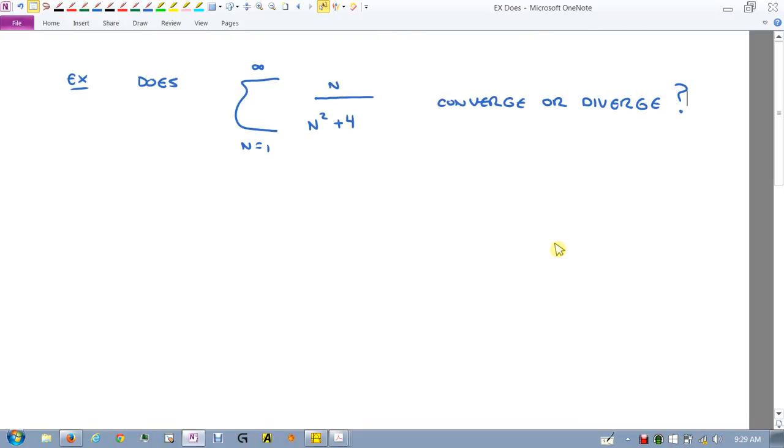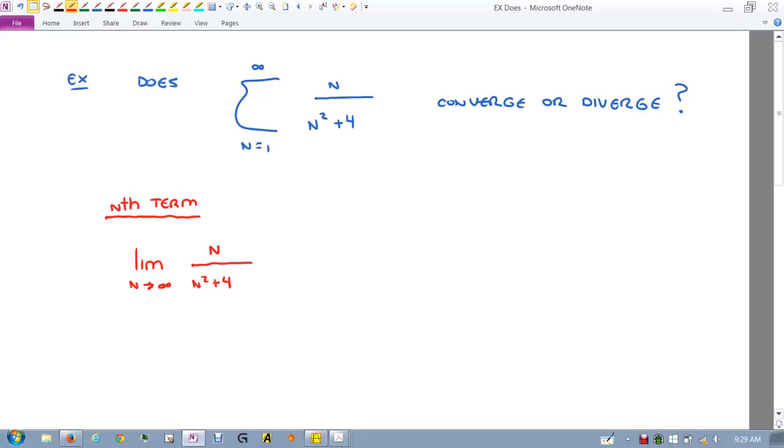All right, so let's start running through all the different things. Nth term test. I'll show a lot of detail on this one. I'm letting the reader of my work understand what I'm about to do. I'm going to do an nth term test. So I'm going to take a limit as n goes to infinity of n over n squared plus 4.